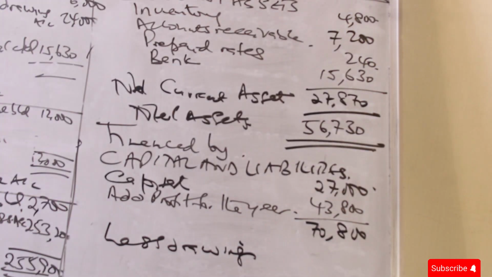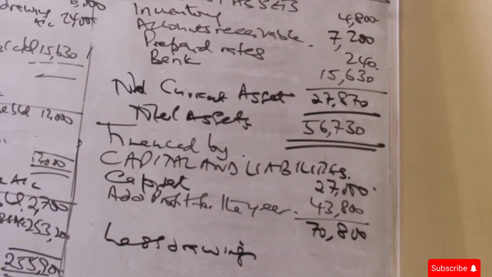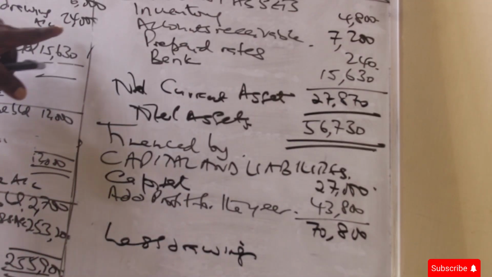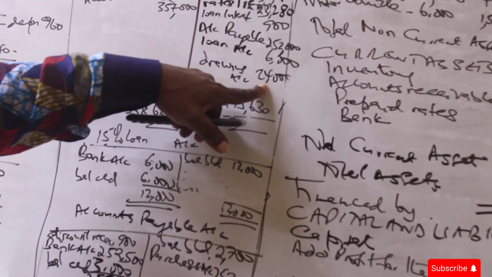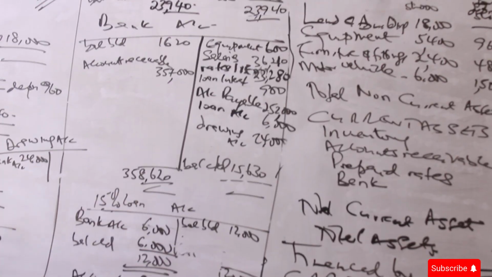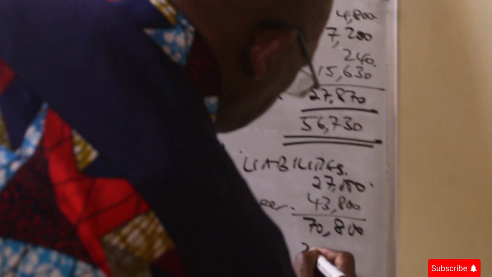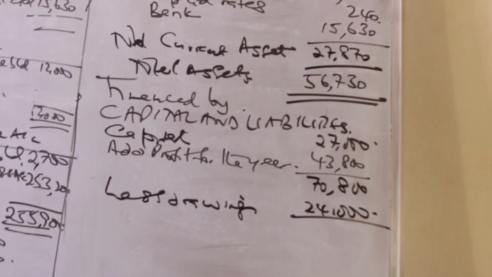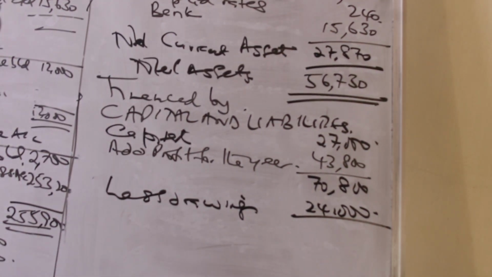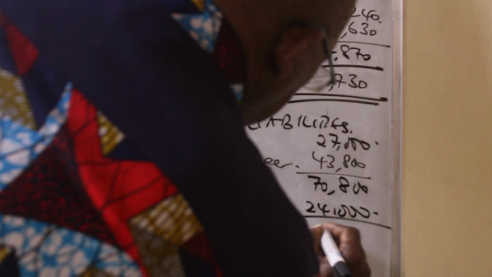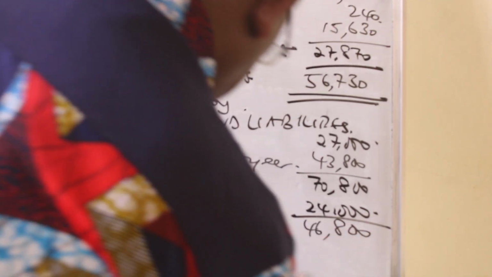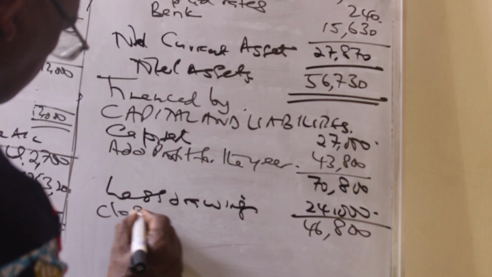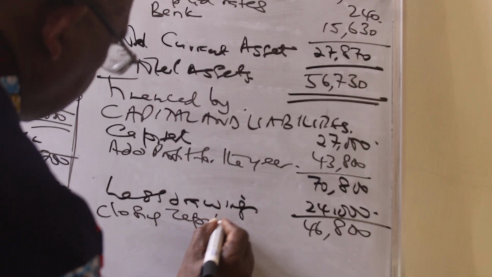How much were the drawings? We said our drawings were 24,000. We subtract: 70,800 minus 24,000, and we get 46,800. That is closing capital.